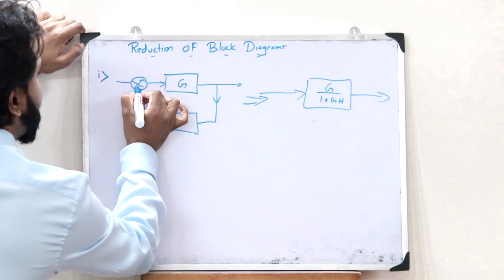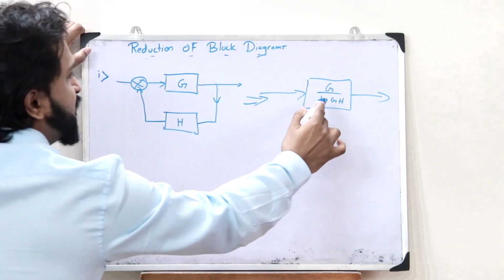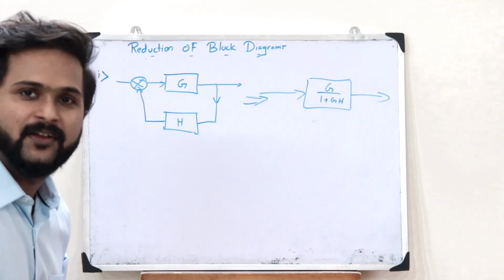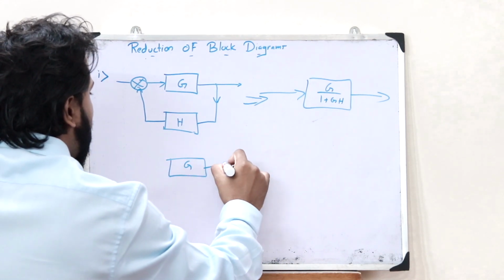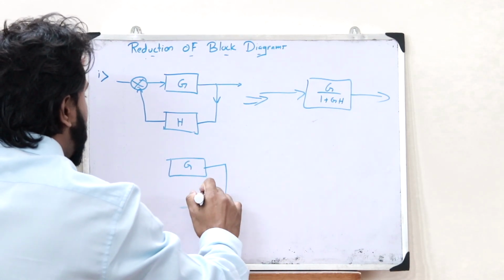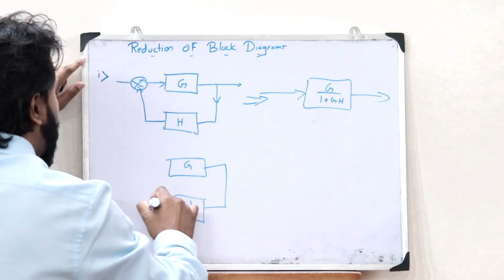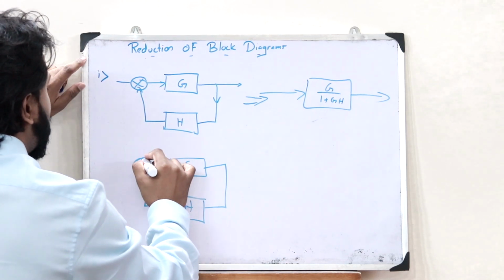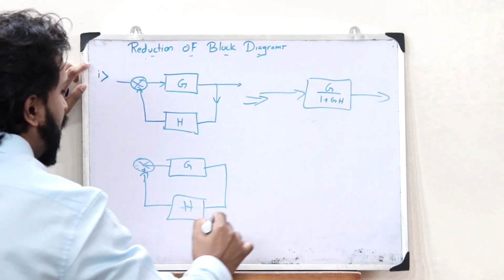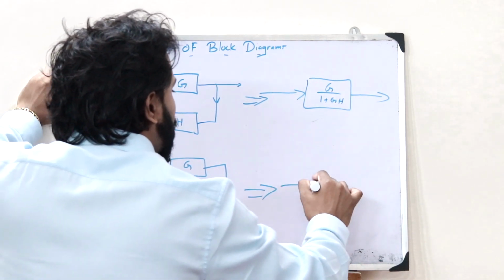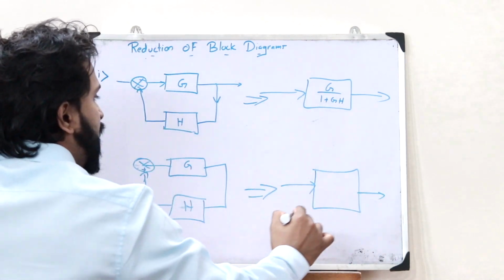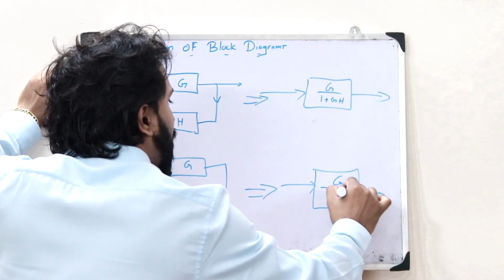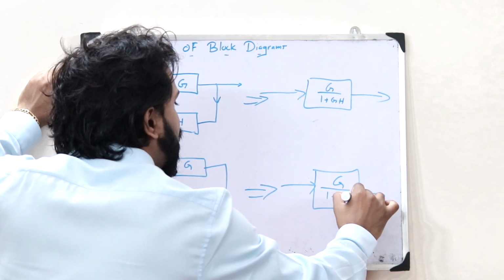If the feedback is negative, it reduces to G divided by 1 plus GH. But if the feedback is positive, that is, if H is added over here, then this can be reduced to a single block equal to G divided by 1 minus GH.